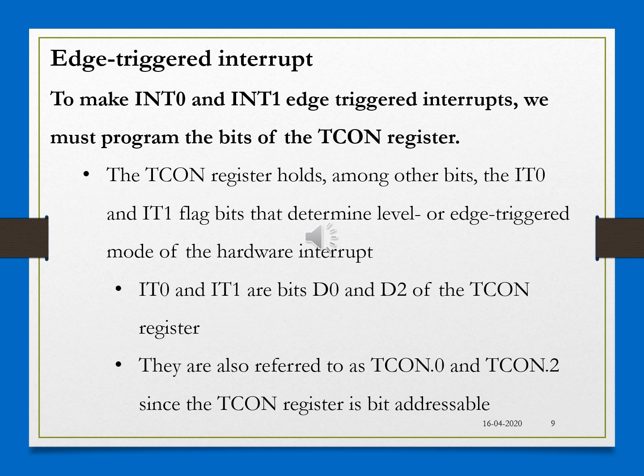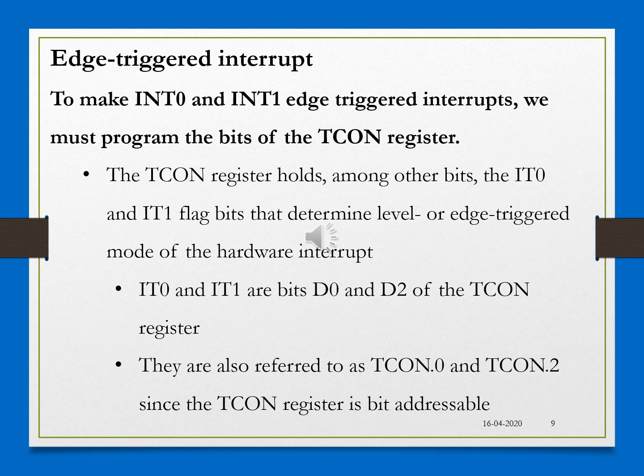Edge triggered means whenever there is a transition from high to low, you want to consider that signal as an interrupt signal. So to do that you have to alter the IT0 and IT1 flag bits of the TCON register, which are the D0 and D2 bits of TCON. I hope you can recall.